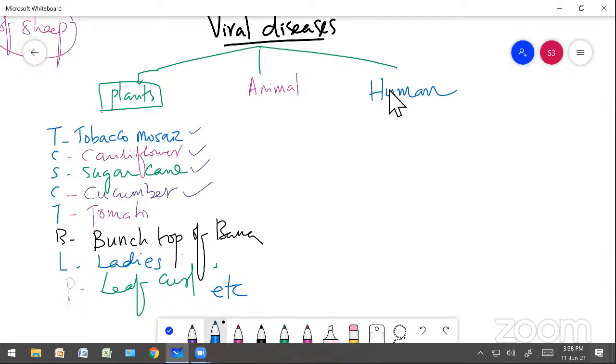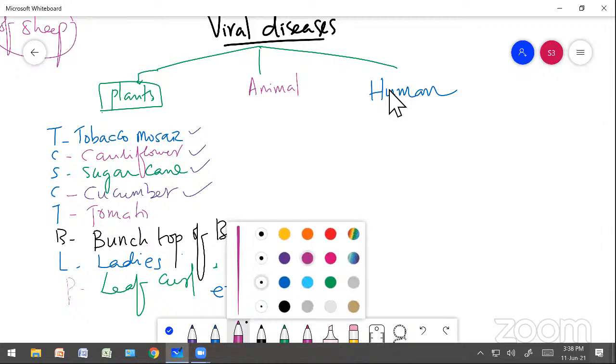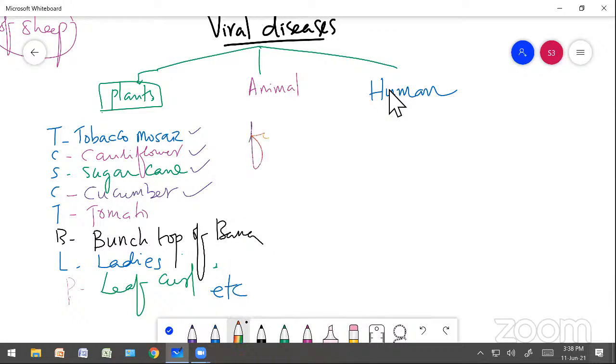The next, viral diseases in animals. In animals, you can say there are mainly three diseases. One is foot and mouth disease of cattle. The second one, rabies.